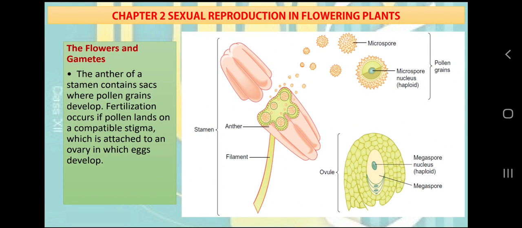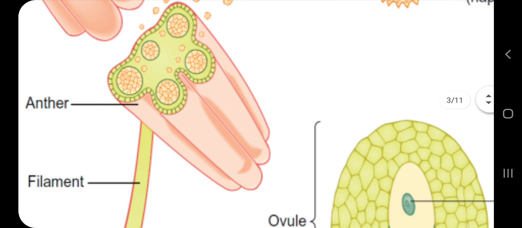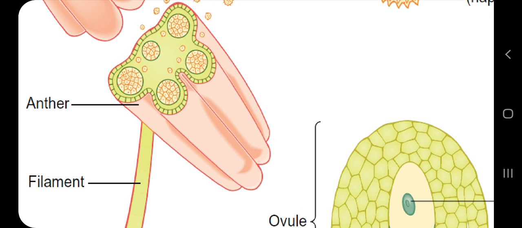Now I am briefing this. So this male reproductive part or stamen has this anther. This anther has some chambers which are called microsporangia, or singular microsporangium, and that microsporangium will have microspores by the process of meiosis, of course, because microsporangium has sporogenous tissue which has these microspore mother cells, or diploid cells.